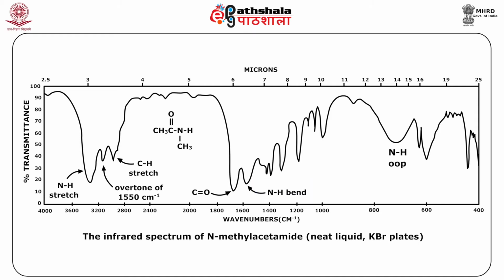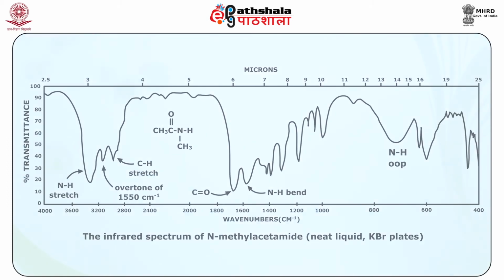A weak band, which is an overtone of the amide 2 band, appears at 3100 to 3060 cm inverse. A broad NH wagging band also appears at 750 to 650 cm inverse. Now students, as you can see in the infrared spectrum of N-methyl acetamide, a secondary amide, which is done as a neat liquid in KBr plates, these bands can be easily observed in this IR spectrum.